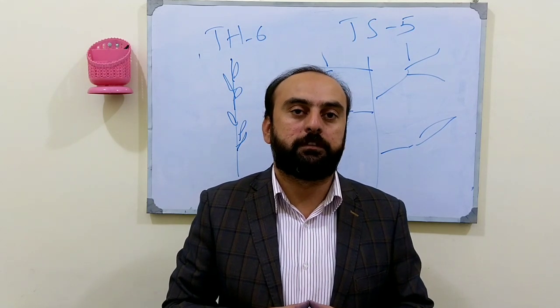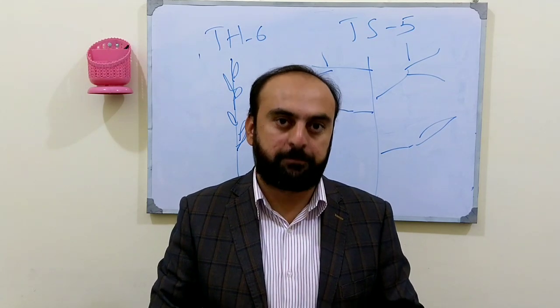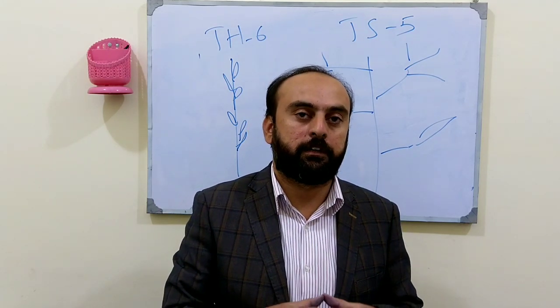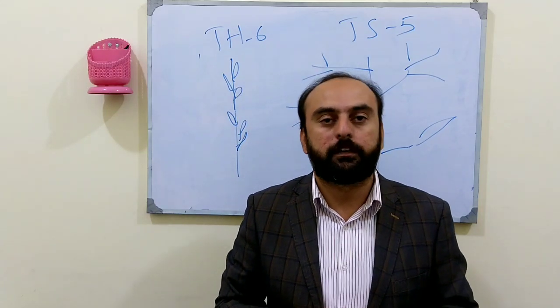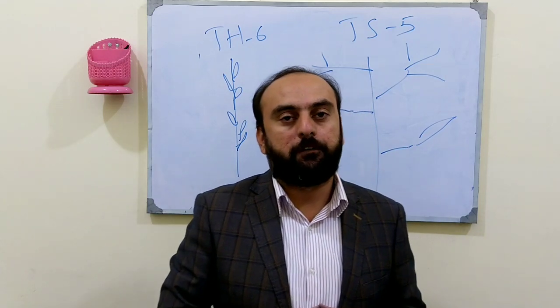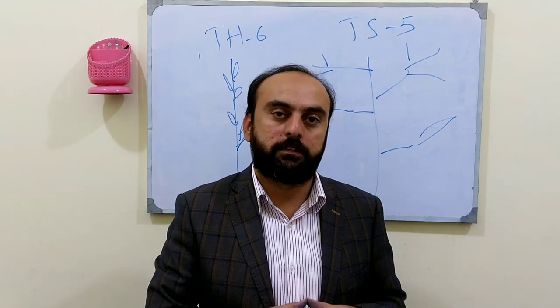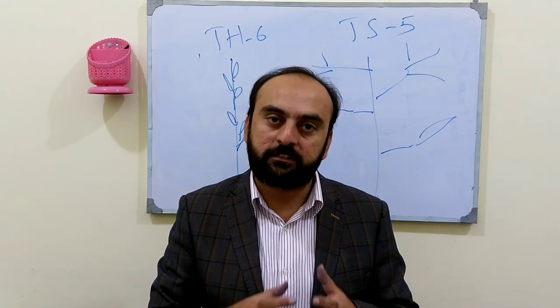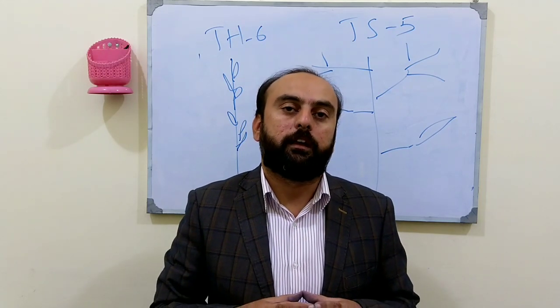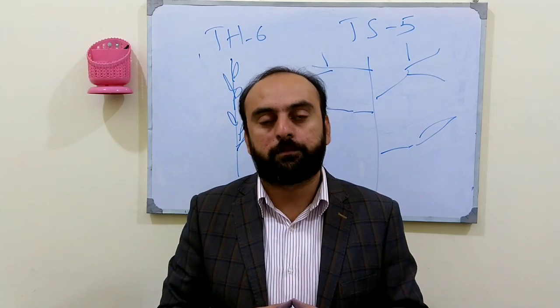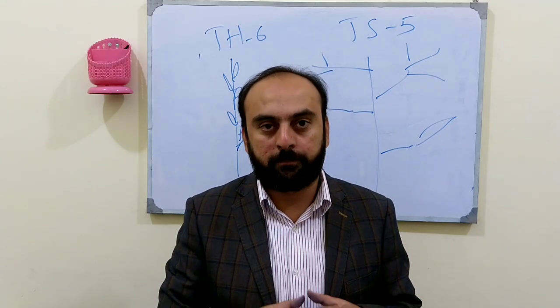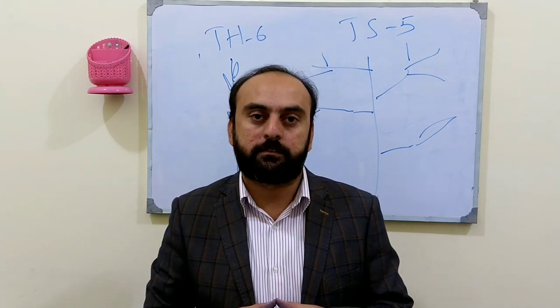Basic function of leaves is capturing light energy and converting it into chemical energy through photosynthesis. The basic function of fruits and flowers is dispersal and survival of plant, and the basic function of roots is anchorage into the soil, transport of water and minerals, and in some cases storage.